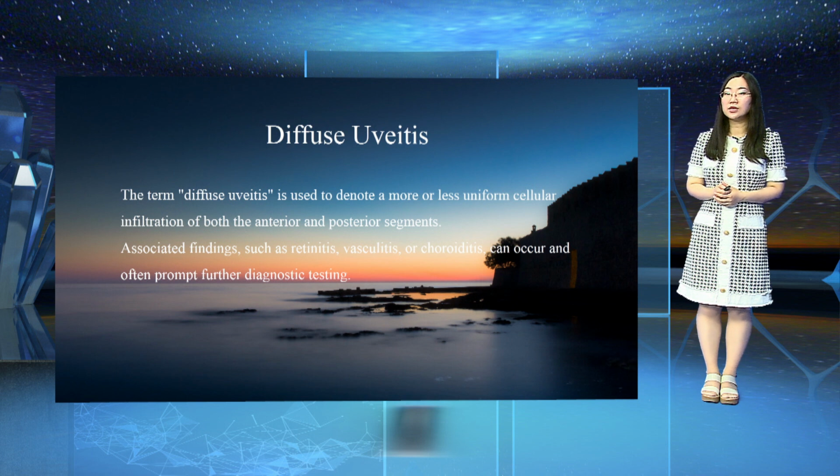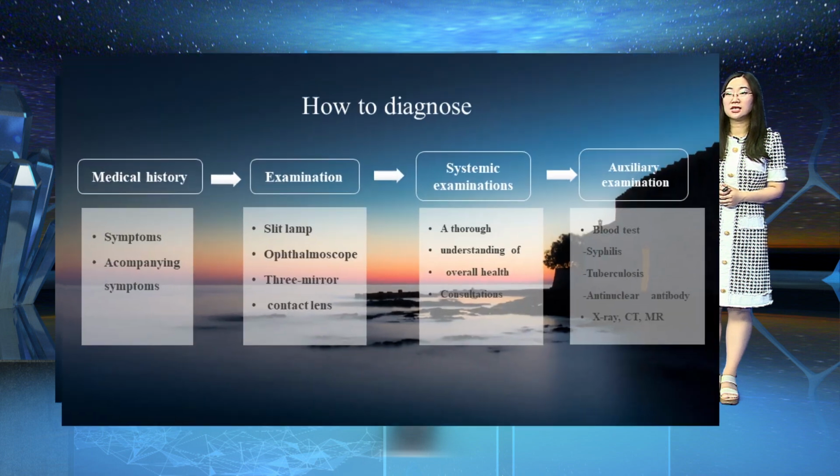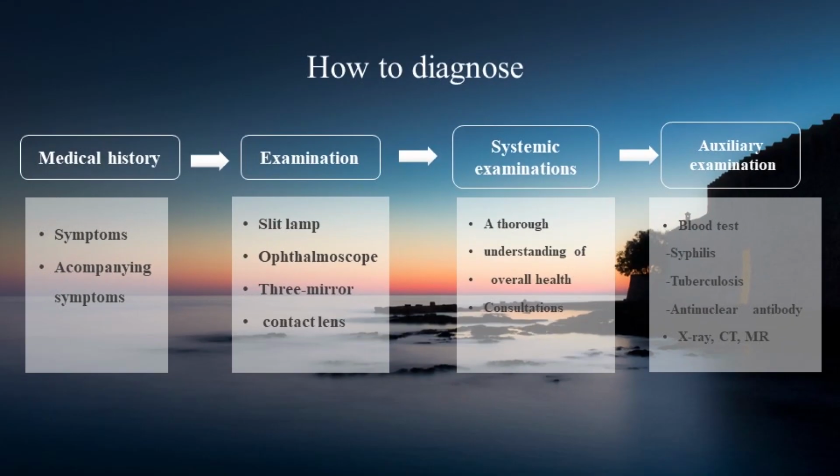Tuberculosis, sarcoidosis, and syphilis should always be considered in patients with diffuse uveitis. Less common causes include sympathetic ophthalmia, VKH syndrome, and intraocular lymphoma, and so on.